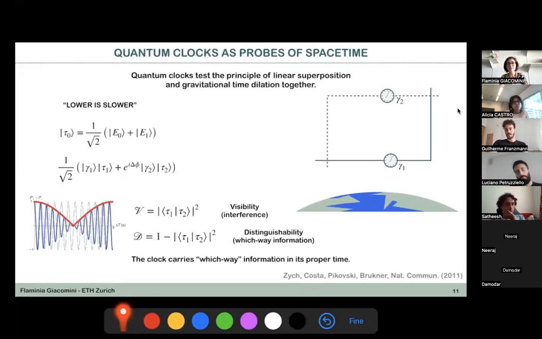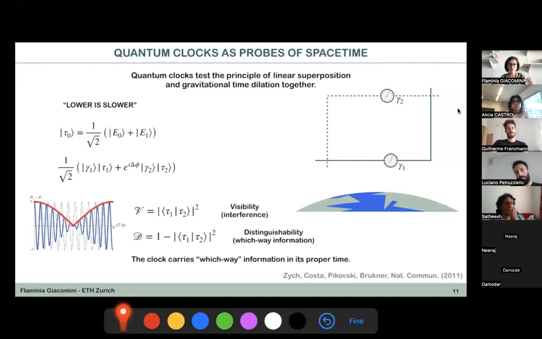And this is something that is useful for us because we can encode the information about where the clock has been in the internal degrees of freedom, recombine the external degrees of freedom, and read out the information about the clock in the clock degrees of freedom itself.